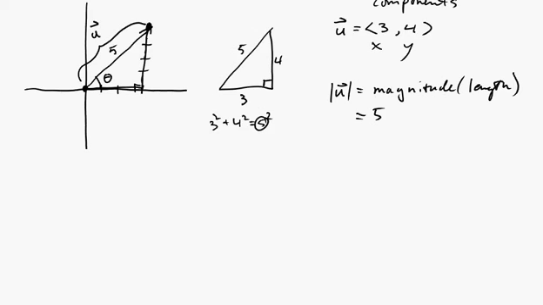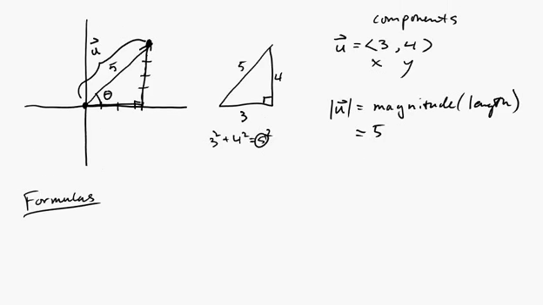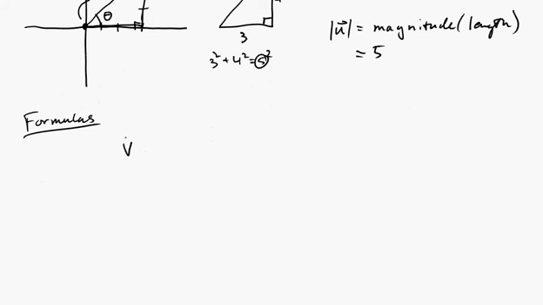Here are some formulas for you. If I ever give you just a vector, let's go right to the formulas, <x, y>. So it's going over x, up y, and we need to figure out the angle and the magnitude.